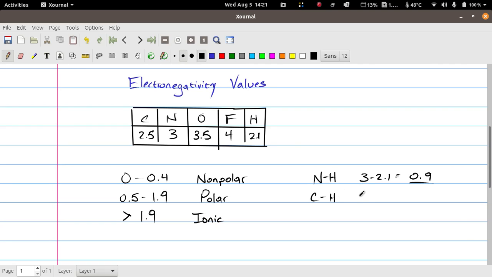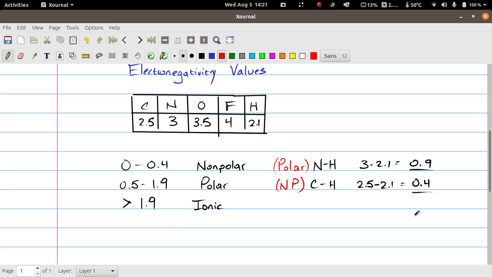And then CH would be 2.5 minus 2.1, and that would be equal to 0.4. So as you can see, this would be polar for this bond. And this is, I'm going to just write NP, but it's nonpolar. And that's how you determine the electronegativity value.